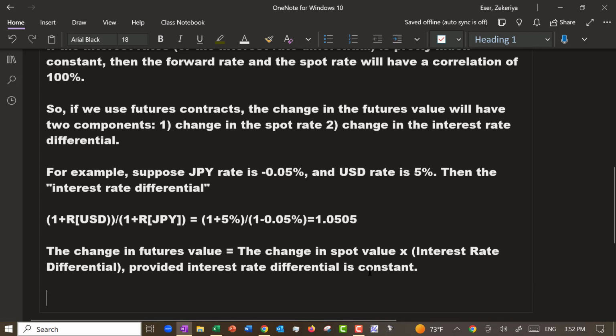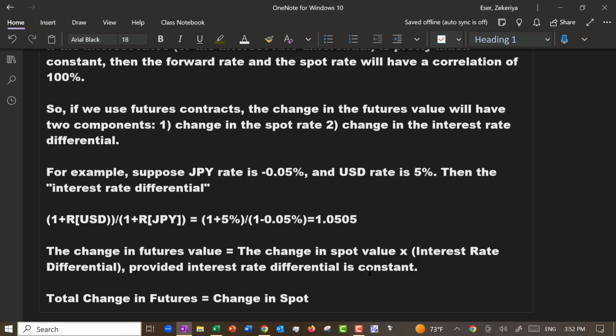Or alternatively, total change in futures equals change in spot times, I'm going to call that IRD, plus spot times change in IRD.